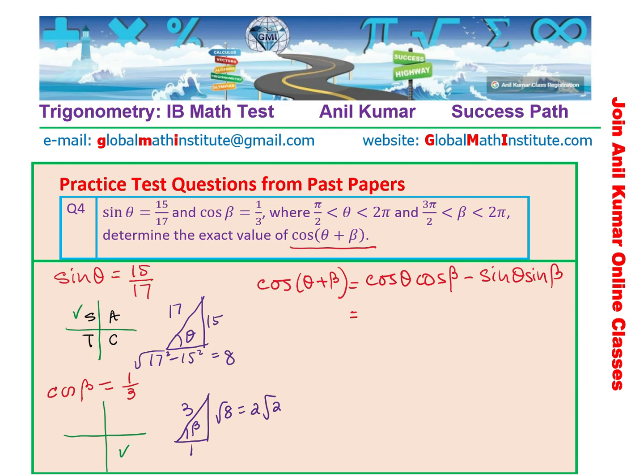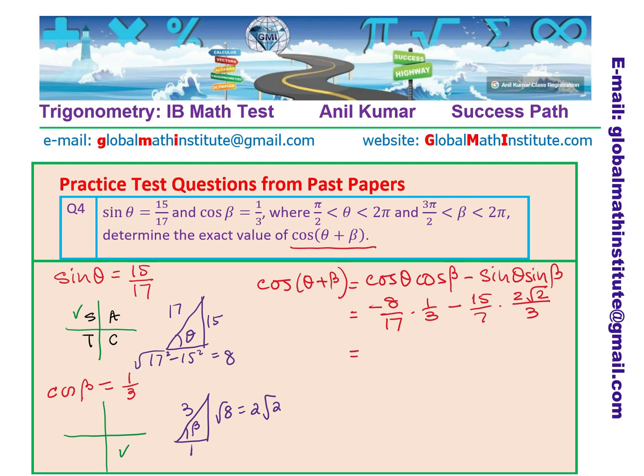Cos theta will be negative 8 over 17, because you are in quadrant 2. Cos beta is given to you as 1 over 3, minus sin theta, which is 15 over 17, times sin beta, which will be negative 2 square root 2 over 3.